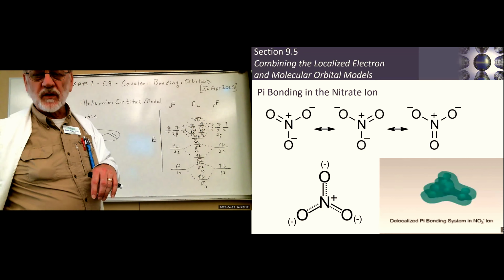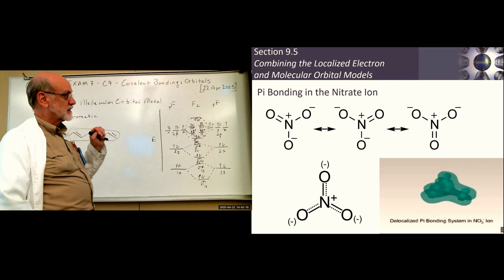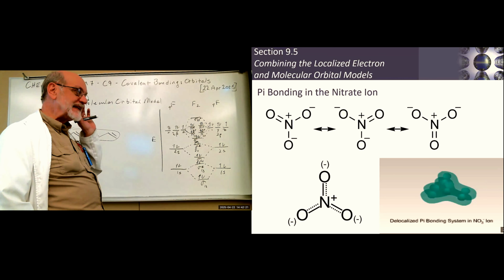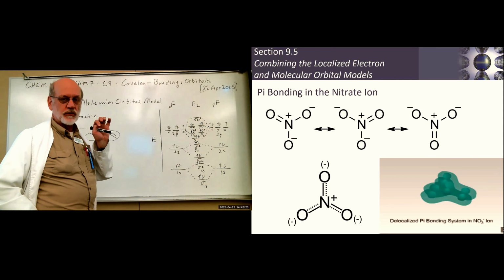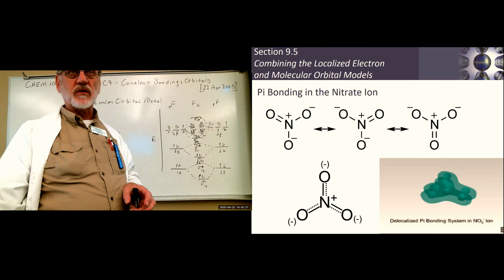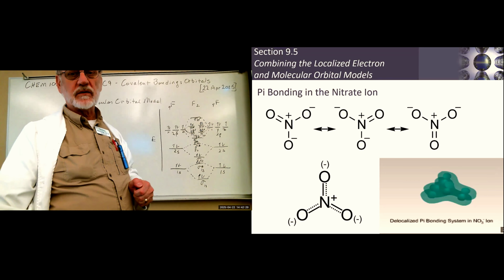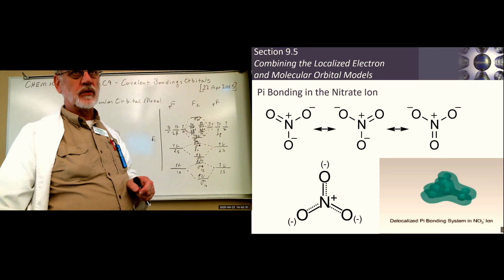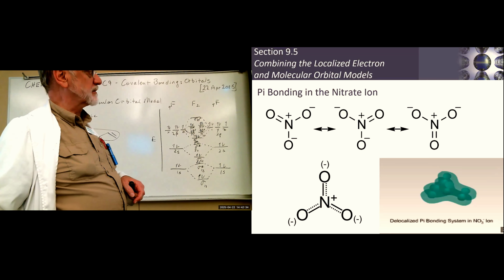But when we use the molecular orbital system and we hybridize, we delocalize electrons throughout that pi system, then we get a stabilized molecule. The nitrate ion is very stable. This is NO3 minus.